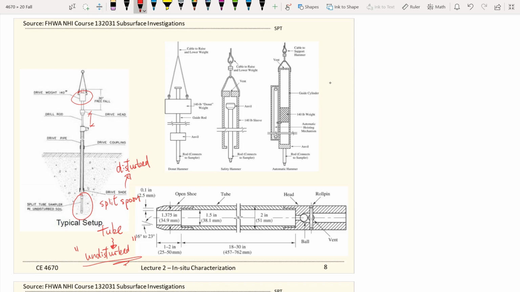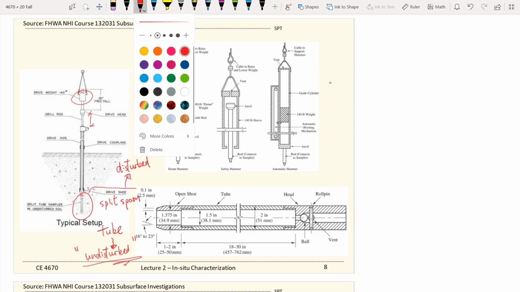This usually happens on a more sophisticated or budget-allowed project, where you give the money and the effort to get better quality soil strength parameters you need for your project.